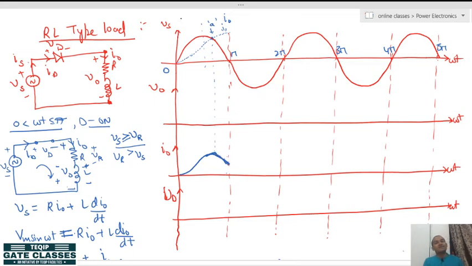When the inductor discharges, there is a possibility that it may discharge at pi, or it may discharge after pi. If the inductor is discharging at pi, that is well and good, there is no problem. The load current will become 0 and the circuit will operate normally. But if the inductor discharges after pi, then what analysis is applicable?